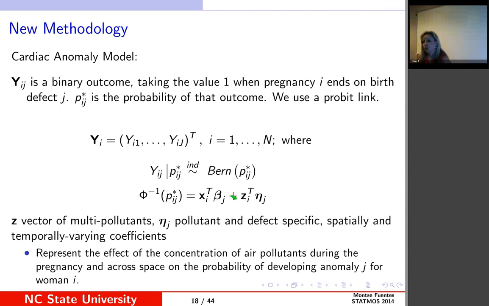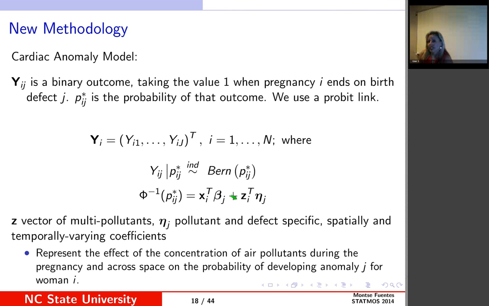So eta would be the parameter that will help us to understand what is the impact of pollution in explaining that adverse health endpoint. And we want to make sure that that eta parameter, the risk parameter, is modeled in a very flexible manner.